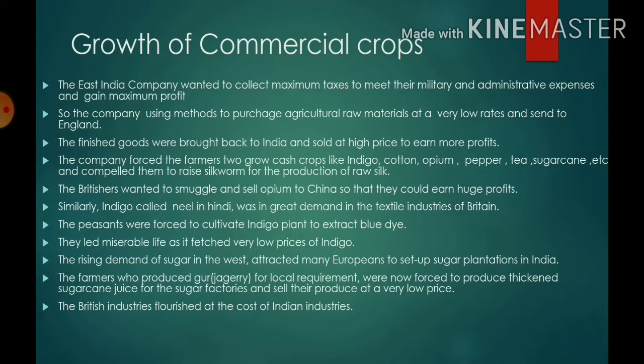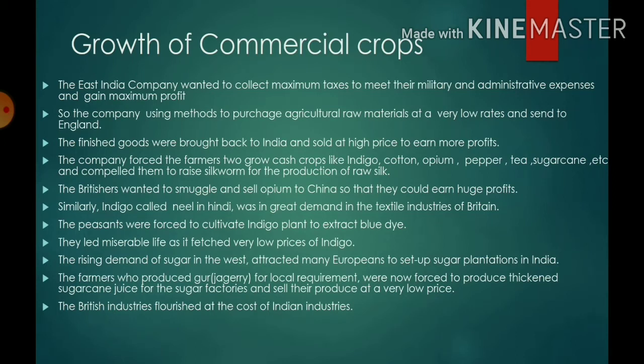So the company started using different methods to procure goods which were in great demand in Europe. They compelled our farmers to cultivate commercial crops which were in great demand in European countries.